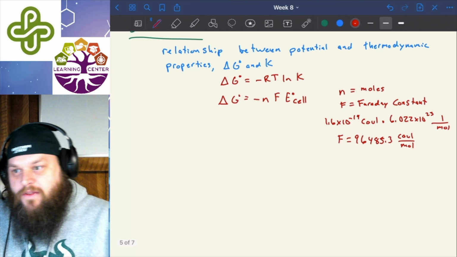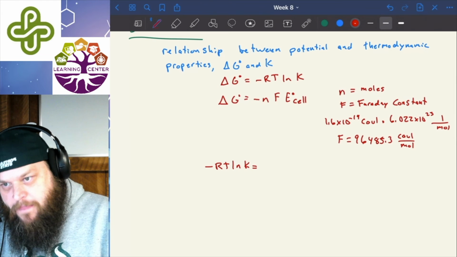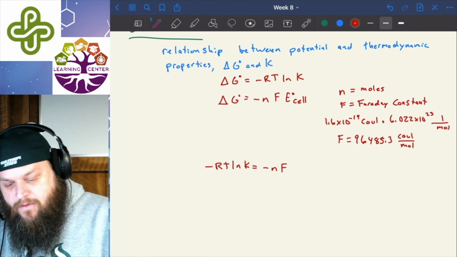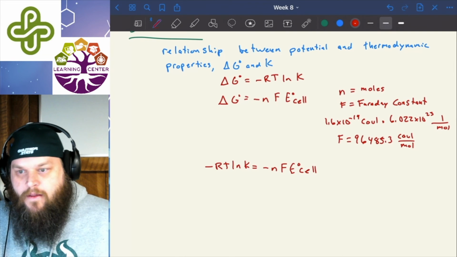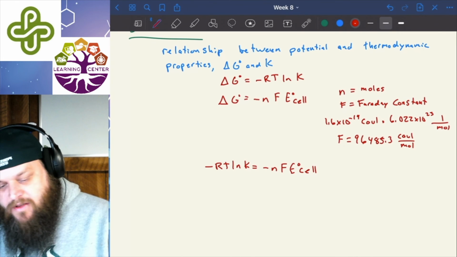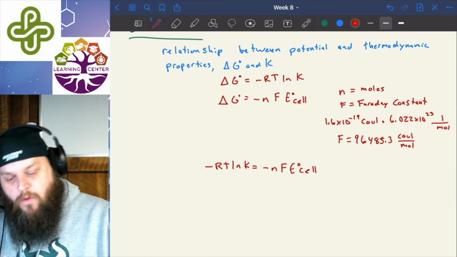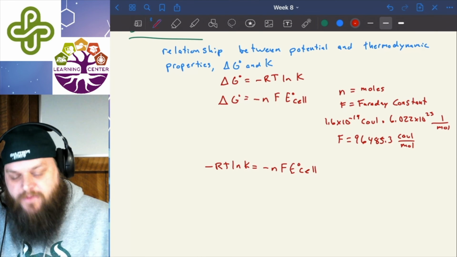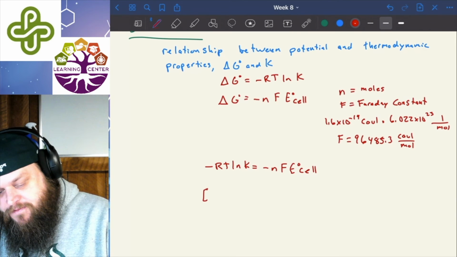So if I equate those two to each other, I can see that negative RT ln K is equal to negative NF E of the cell. And I can solve both of those. That's just rearranging the equation a little bit to solve for either K or for the E of the cell, the cell potential. So let's solve for cell potential.